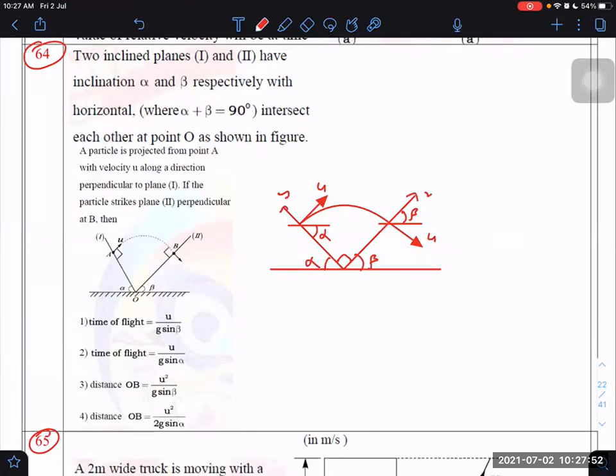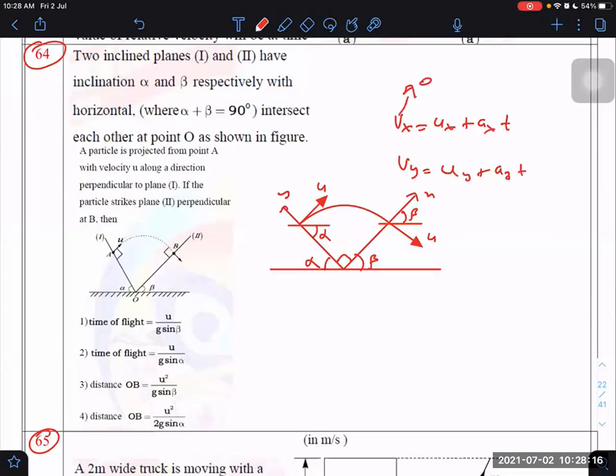This is the y-axis, this is the x-axis. Write one equation for time along the y-axis, one along the x-axis. What is the equation along the x-axis? vx is equal to ux plus ax into t. And along the y-axis, vy is equal to uy plus ay into t. These two equations will give us the answer. Along the x-axis, the final velocity is 0.